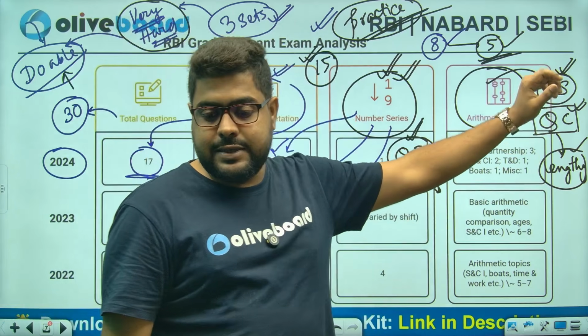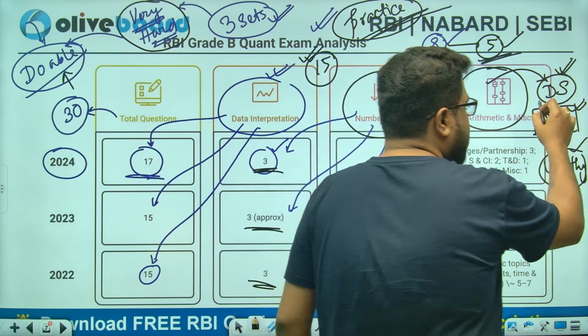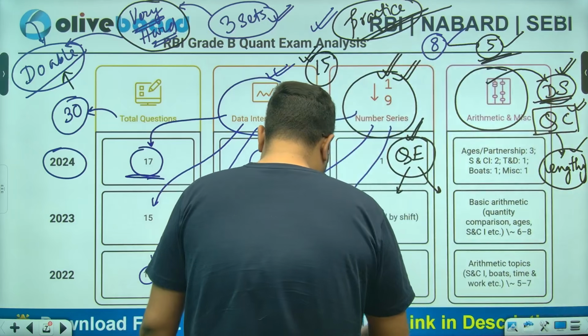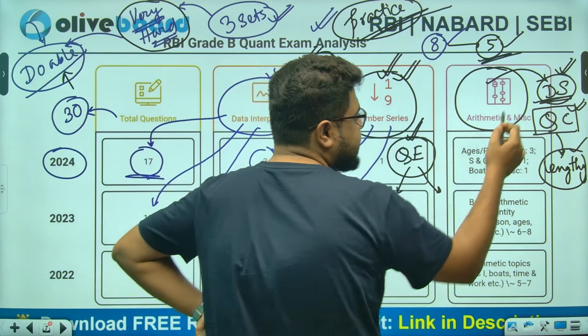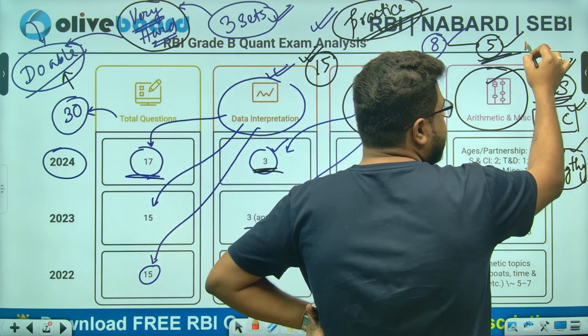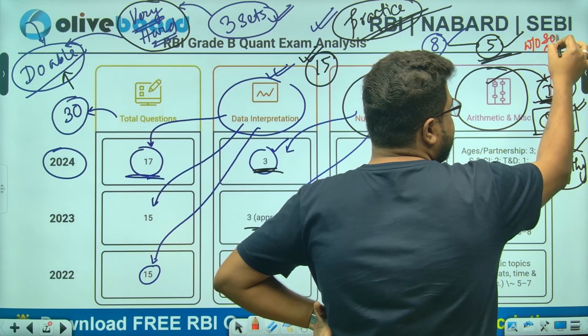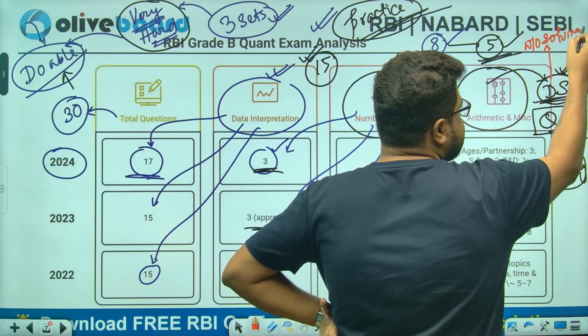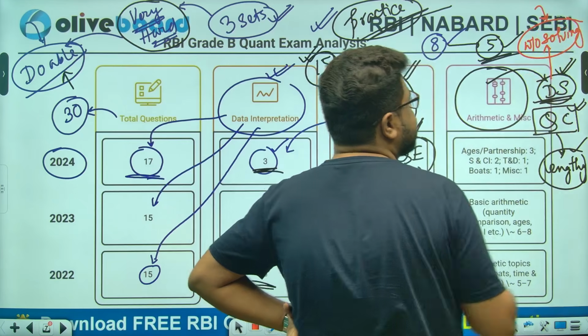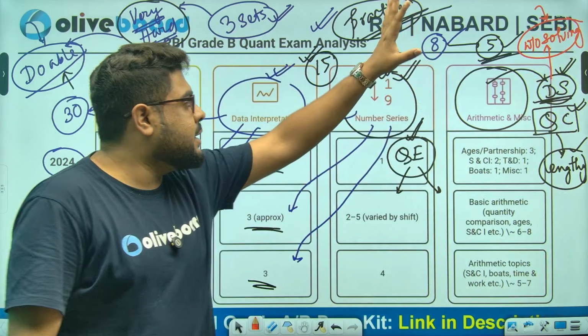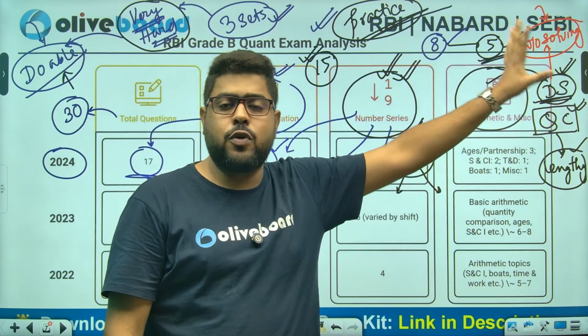But DS questions, please learn how to solve the DS questions properly. How to solve DS questions without actually solving. How to get answers to DS, data sufficiency questions. Please learn the craft of that if you don't already know.